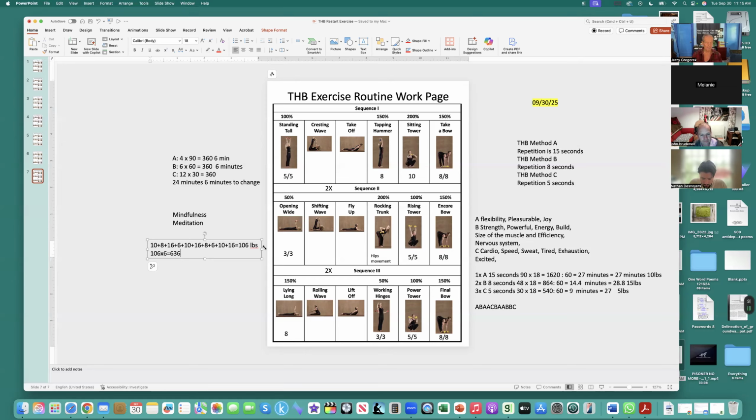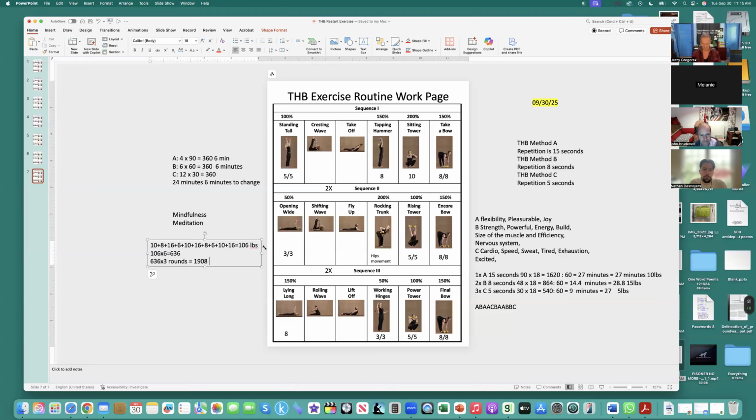And then 636 times 3 rounds. 1,908. Like that?